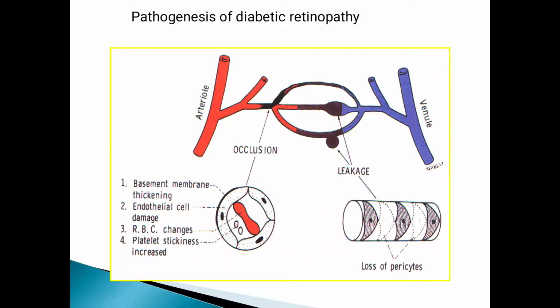So basically the small blood vessels, arterioles, venules and capillaries, are affected, and the changes which I have discussed in the previous slide are shown here: thickening of the basement membrane, damage to the endothelial cell, changes in RBCs and platelets that make them more prone to adhesion to the vessel wall, and loss of pericytes. That is very, very important.